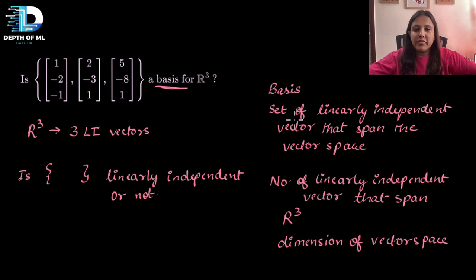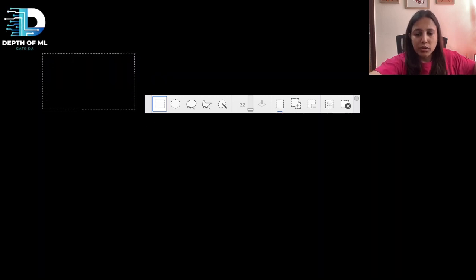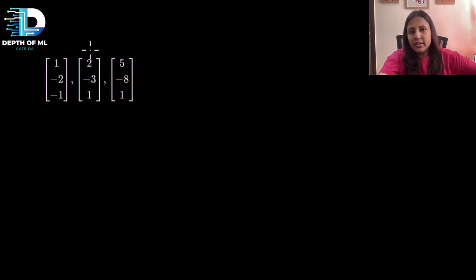Now, how do I find that? I'm assuming that you don't know how to do this, so I'm going to show you from scratch. Here we are going to use a concept from systems of linear equations.